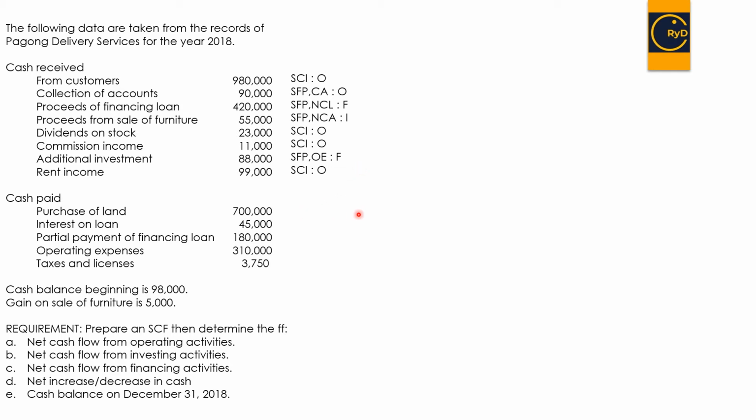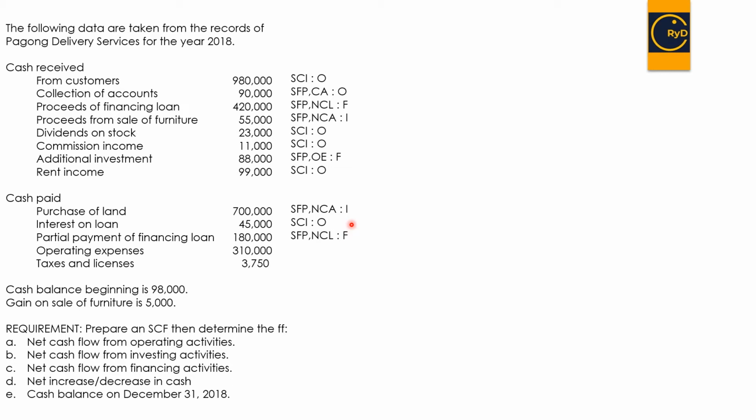Then let's proceed to our cash paid for the purchase of land. The land is a non-current asset. So this is investing. Next, payment for the interest on a loan. This is interest expense in our SCI, so operating.